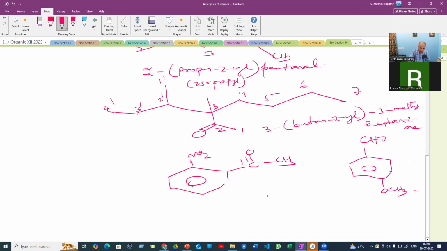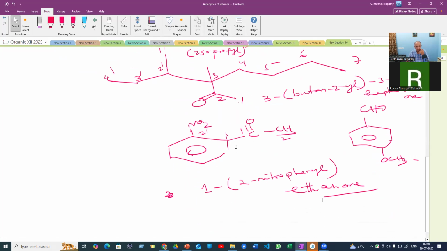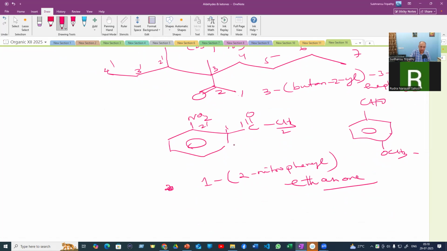This will be 2-nitrophenyl ethanone. Ethanone has to be 1-one. This will be the IUPAC name, but you can call it ortho or 2-nitroacetophenone.